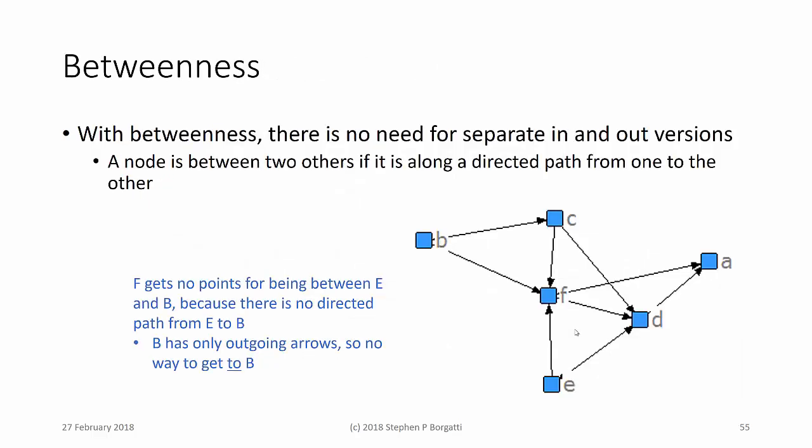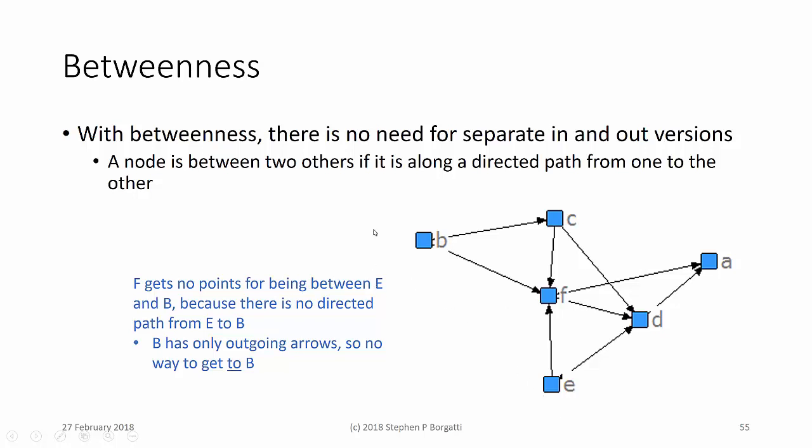And betweenness, we said, no real problem. Betweenness is such that we're just counting how often, say, somebody needs F to reach somebody else, and so we just follow along in the direction of the arrow. So B needs F to get to A. B doesn't need F to get to C because they can go directly to C. Does B need F to get to E?